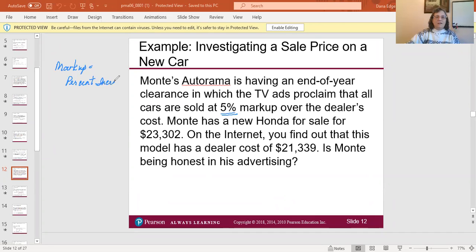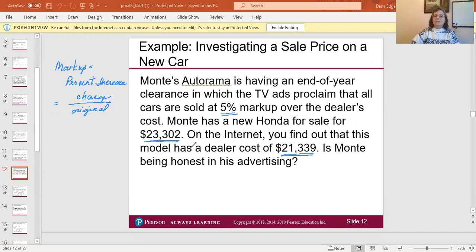But it's the percent increase, which means it's the change divided by the original number, the starting point. So on the internet, you find out this model has a dealer cost of $21,339. They're selling it for $23,999.